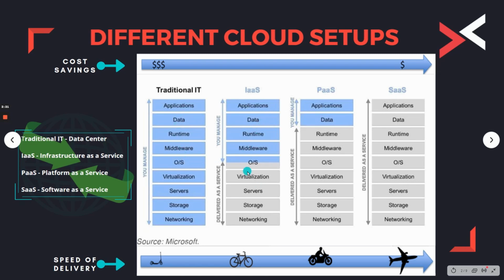Now, what happens when cloud computing comes into play? They say, hey, we can give you 3 variations of the cloud. First is that we can give you just the infrastructure. We can give you the infrastructure, and you as an organization install your applications and whatever you need. But the infrastructure is something we're going to give you as a cloud provider.